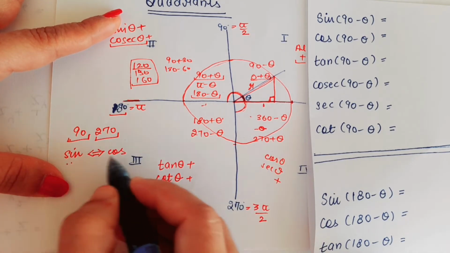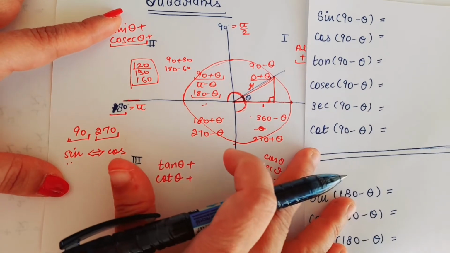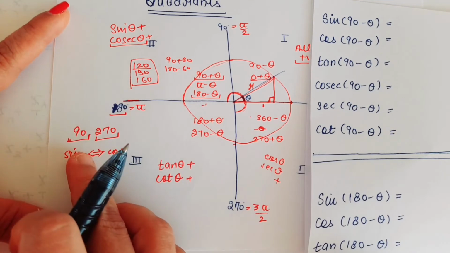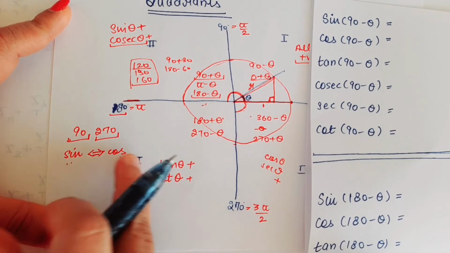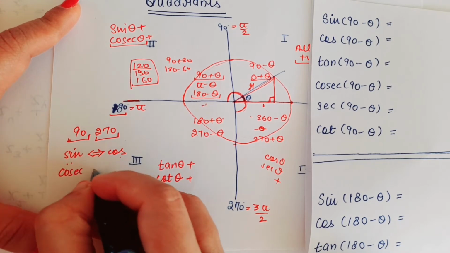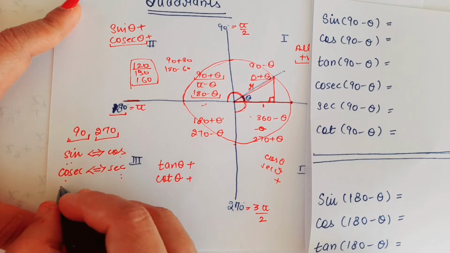These values we can find by making a right angle triangle and finding those values. But here we are just seeing how we find these values. So sine changes into cos and cos changes into sine. Cosecant changes into secant, cosec into sec, sec into cosec.